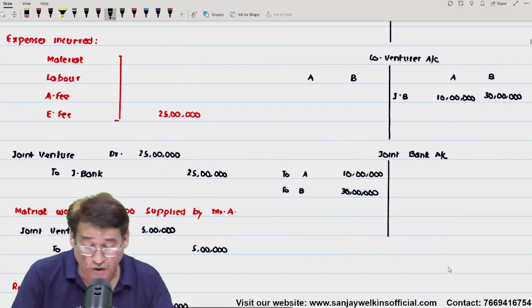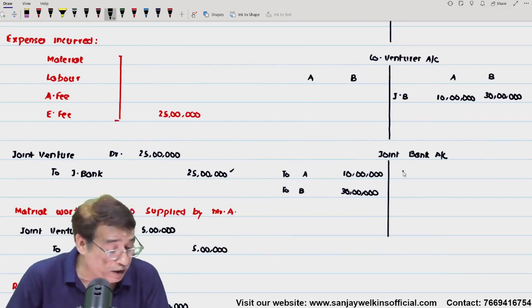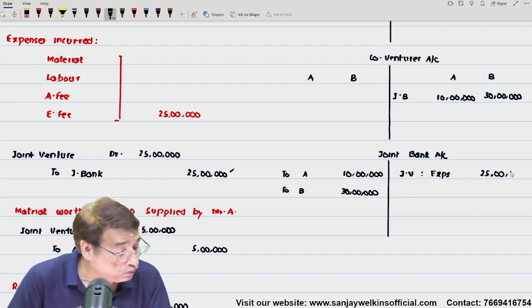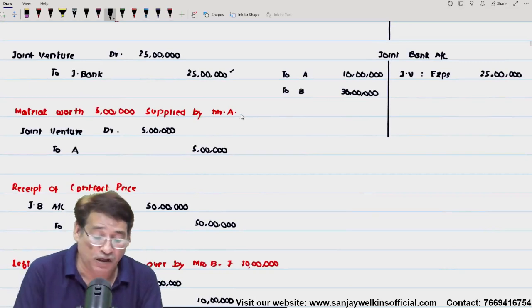And because joint bank account is getting credited, on the credit side of joint bank account, I will write by joint venture. And I can write here as expenses, if you want to show, 25 lakhs. So this is how the second entry will be posted.